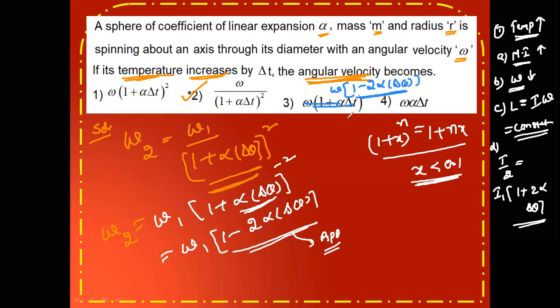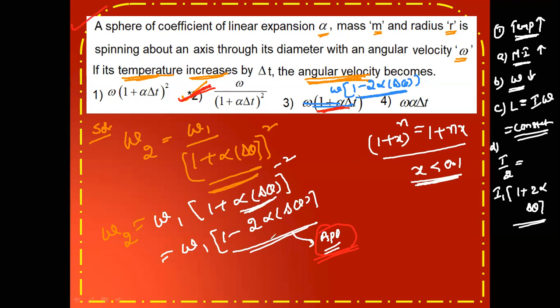No, you are not supposed to say both of the options are correct. The second option is only the correct one, because the other is the approximate only, not exact. Approximate formula we are not supposed to consider. Clear? Right. Is it okay?